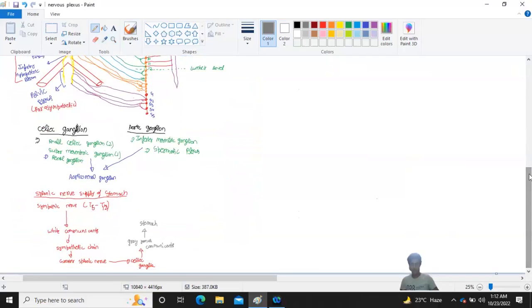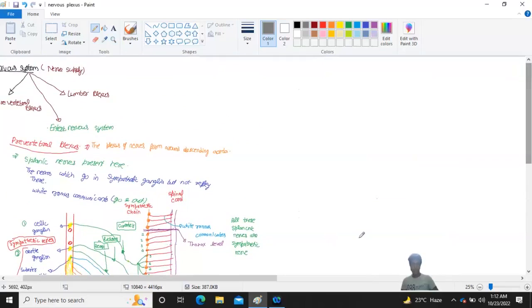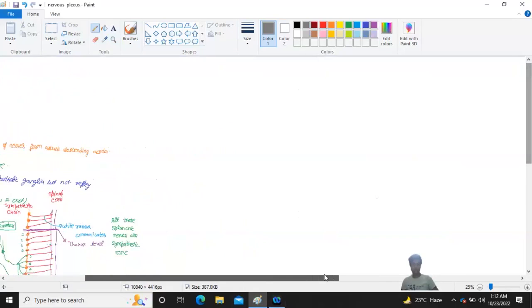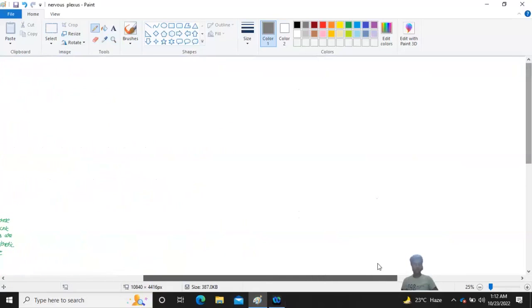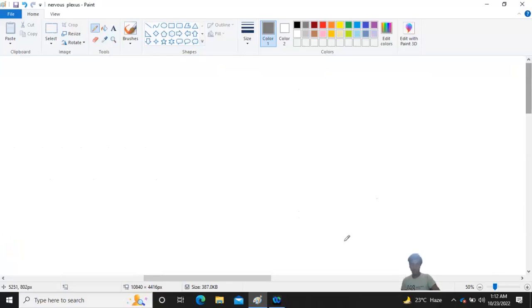So now we come to the enteric plexus, the enteric nervous system. Here is the enteric nervous system.